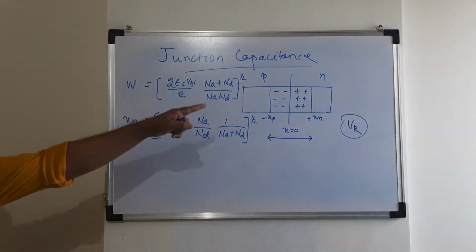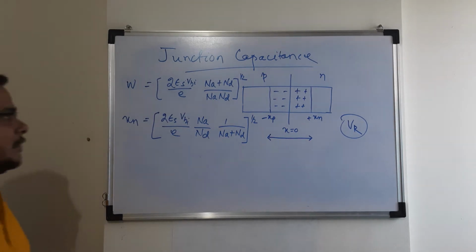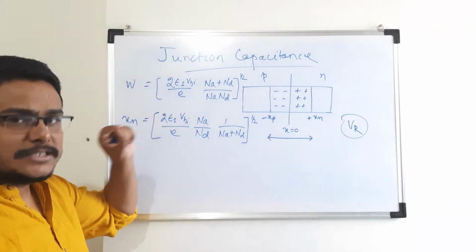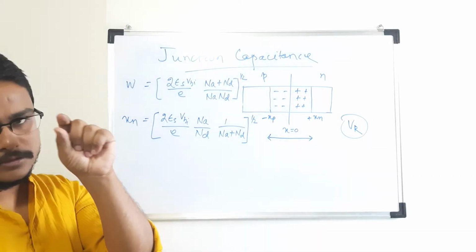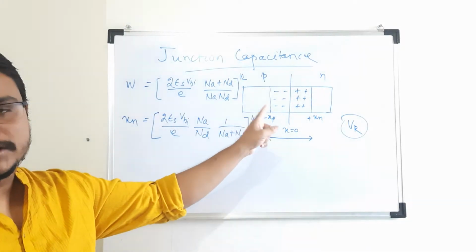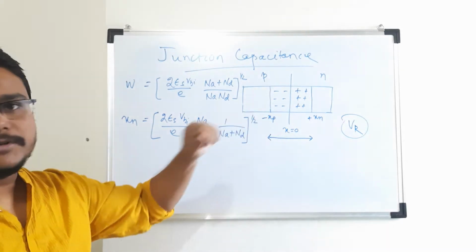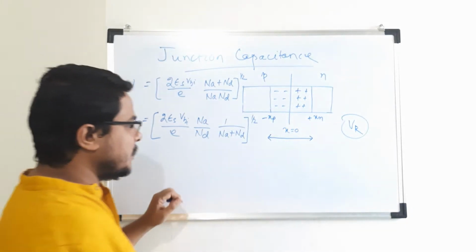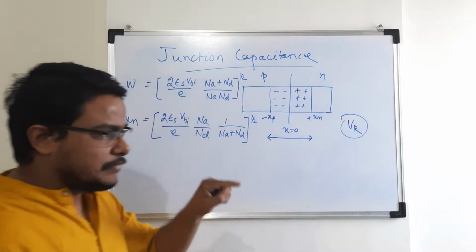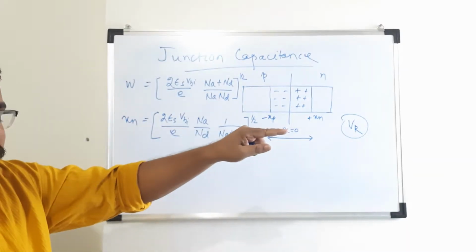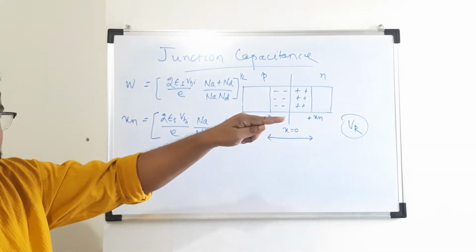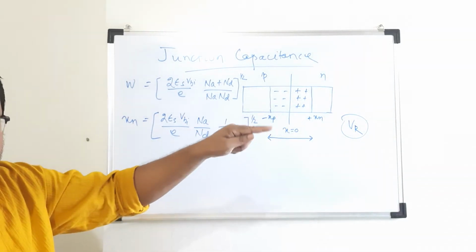Now for the reverse bias condition, there will be an additional change in the Fermi energy level, because the PN junction diode is not in equilibrium, as you are giving a reverse applied bias. The Fermi energy level shifts in the P side towards the conduction band, and in the N region it goes down towards the valence band.